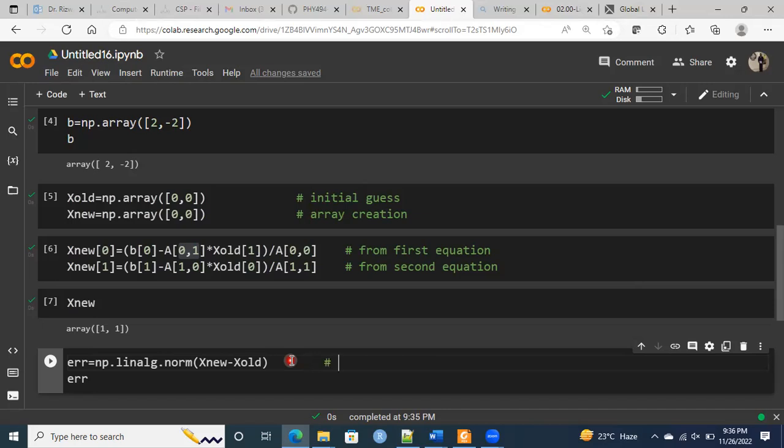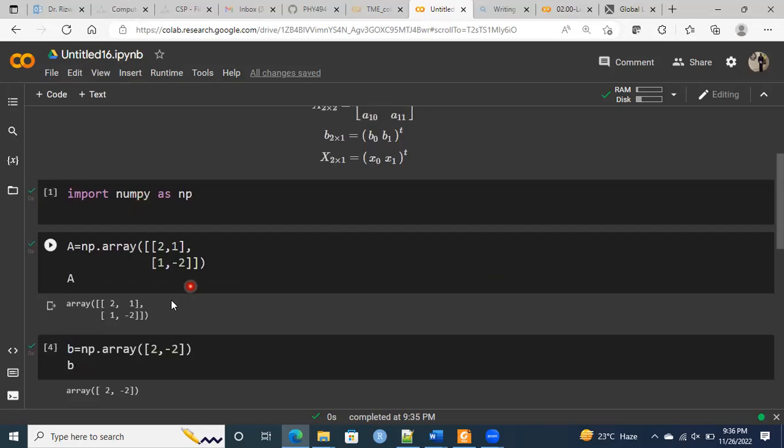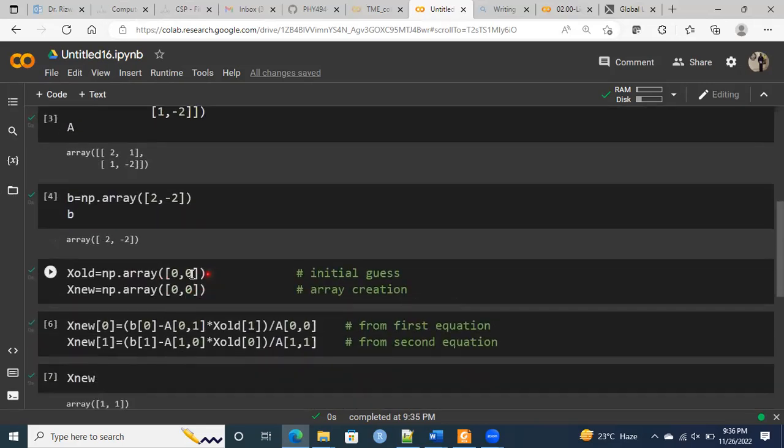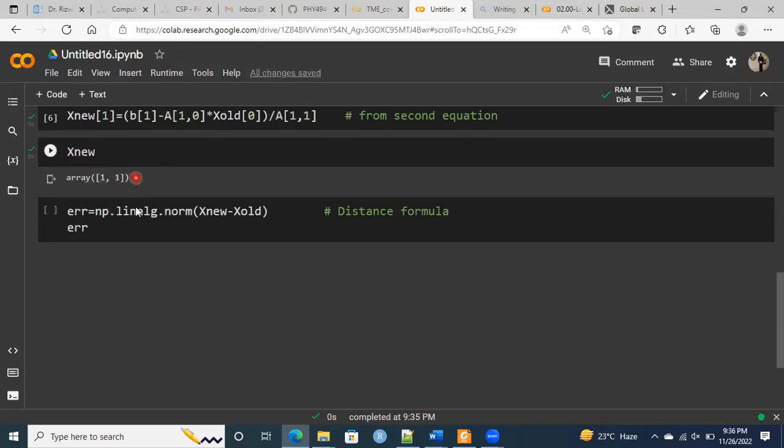The norm function is like the distance formula between the old point and the new point. We started with the point 0 0 as the initial approximation, and we got a new value in x new. So let's see the error calculation. Okay, so it is 1.414.